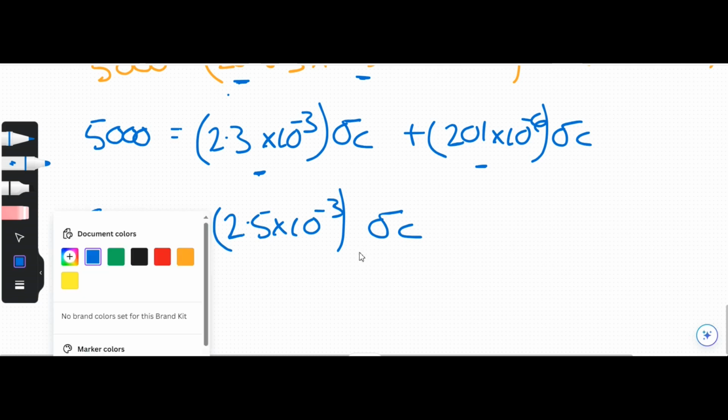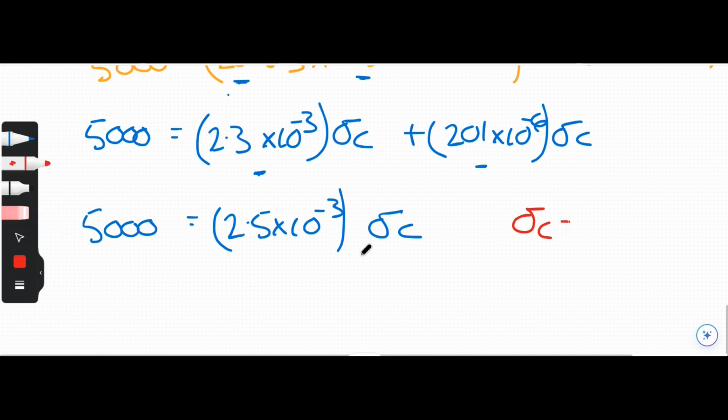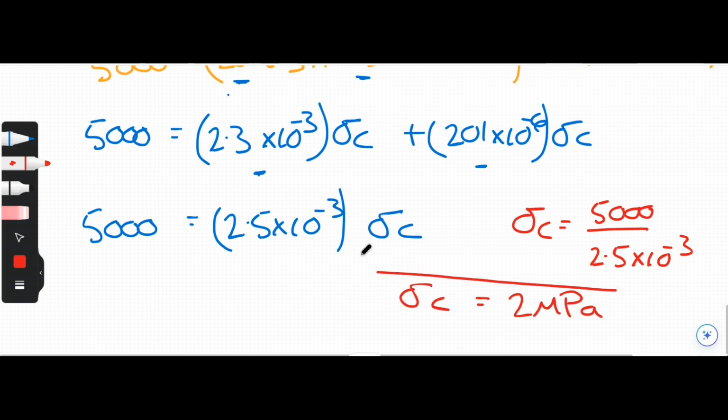So I can work out now my stress in my concrete, because I can do this. Stress in concrete is going to be 5,000 divided by 2.5 times 10 to the minus 3. That gives me a number of 2 megapascals. That gives me stress in concrete.